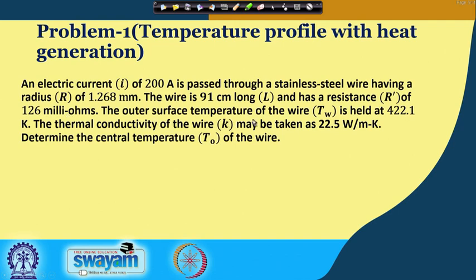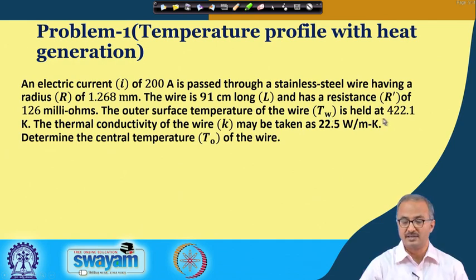The outer surface temperature of the wire, designated by TW, is held at 422.1 Kelvin. The thermal conductivity of the wire, denoted by K, is taken to be 22.5 watt per meter per Kelvin. We have to determine the central temperature of the wire.